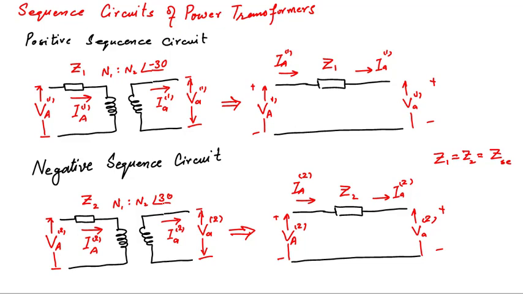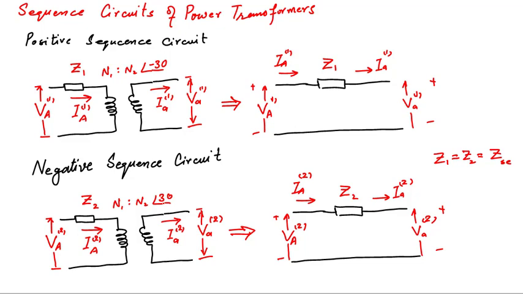We will have to describe it in terms of sequences as well. According to IEEE standard, high side quantities, voltages and current lead the low side quantities by 30 degree in positive sequence, and high side quantities, currents and voltages lag behind the low side quantities by 30 degree in negative sequence. So that's why the definition will become more precise about that phase shift in case of sequence circuits of the transformer.